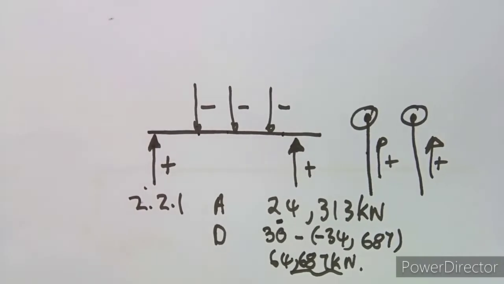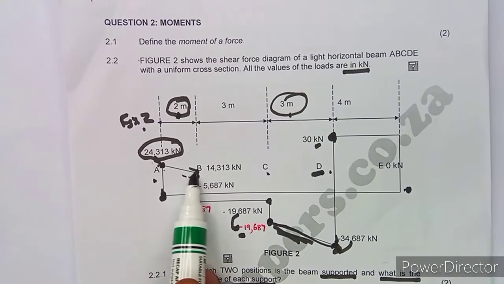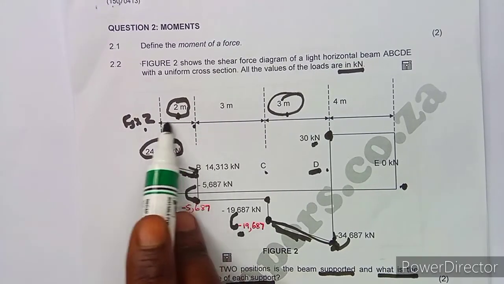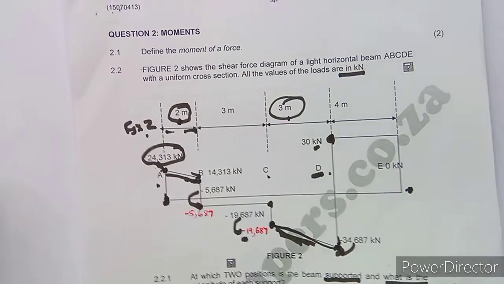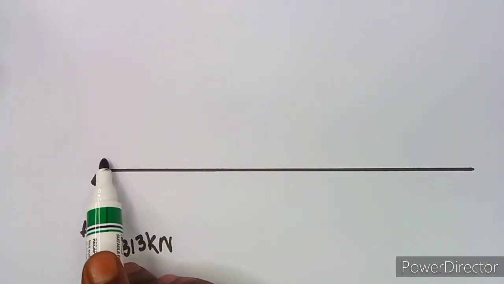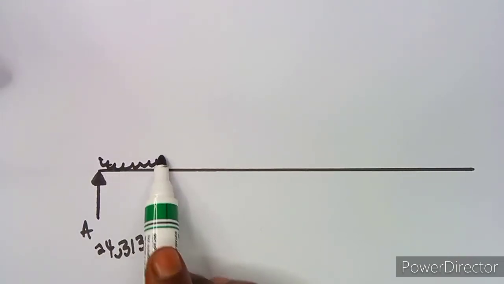All right, then what is happening? Let's come back here. From A to B, there's a distributed load which is after 2 meters. So let's indicate the distance first. Distance of 2 meters, from A to B here.